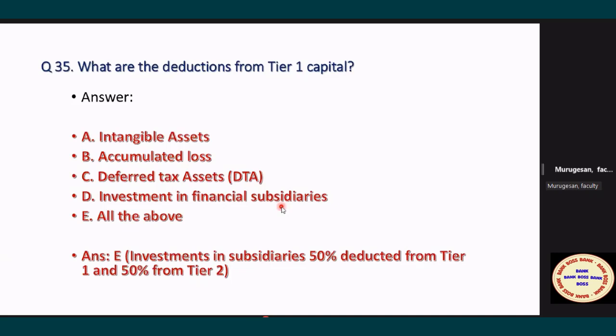So investment in subsidiaries is also not recognized as real capital. Real strength depends on real capital, so better not to recognize it for the purpose of calculating the real tier 1. Okay, madam. So these are the regulatory reductions. Calculating tier 1 capital, we have to minus all these components. Yes. Okay.